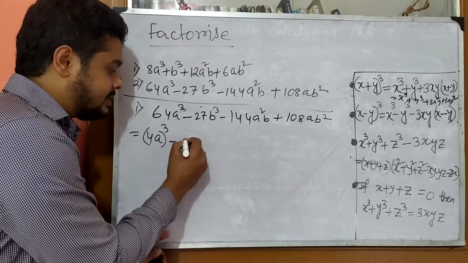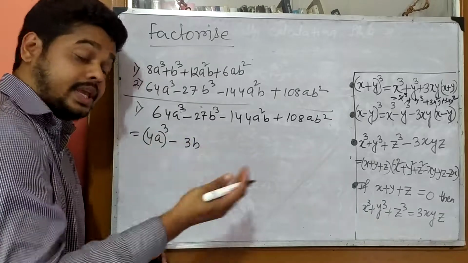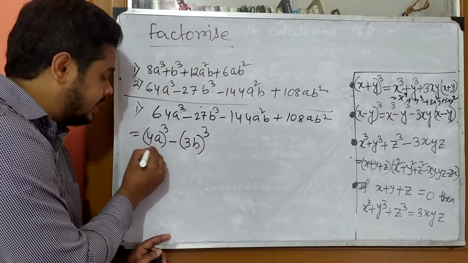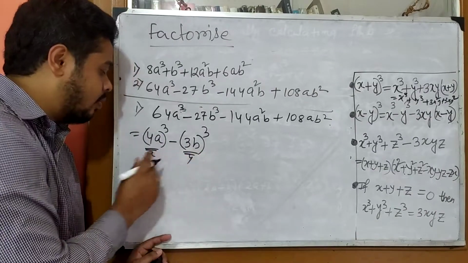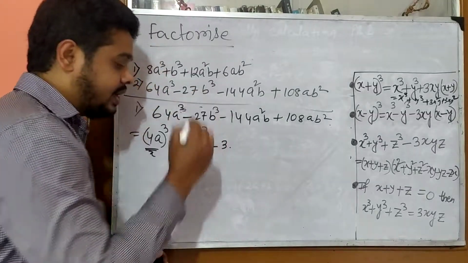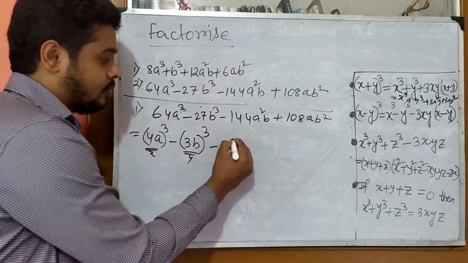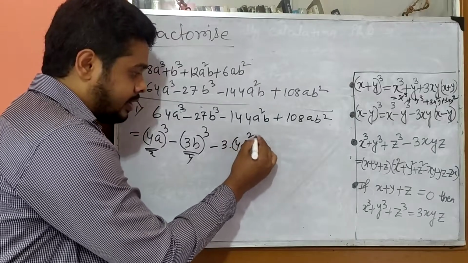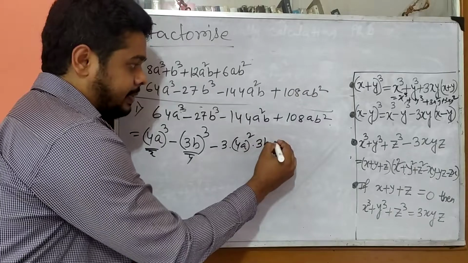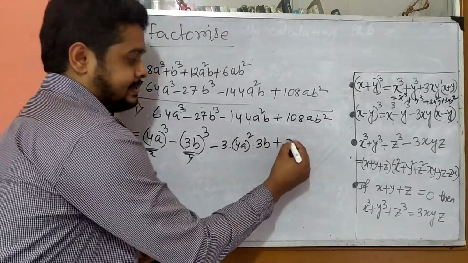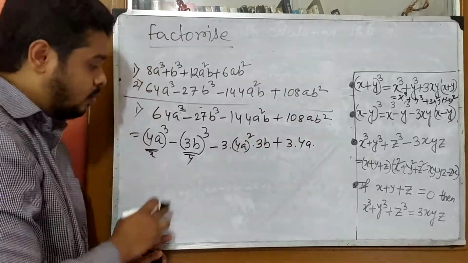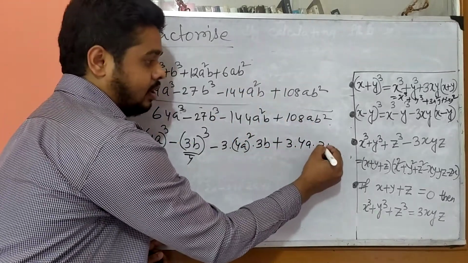After that minus 27 means 3 cube, that means we can write (3b) whole cube. That means that is our x and that is our y. x cube minus y cube. The next part will be 3 x square, which means (4a) whole square, into y, which means our 3b, plus 3 into x, which means our 4a, and y square means (3b) whole square.